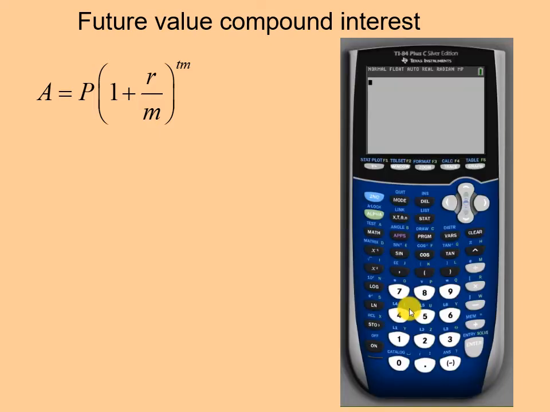To put this formula into our program, we're going to start with the program button right in the top middle of the screen, then new, enter. We'll name this program COMP, which stands for compound interest.